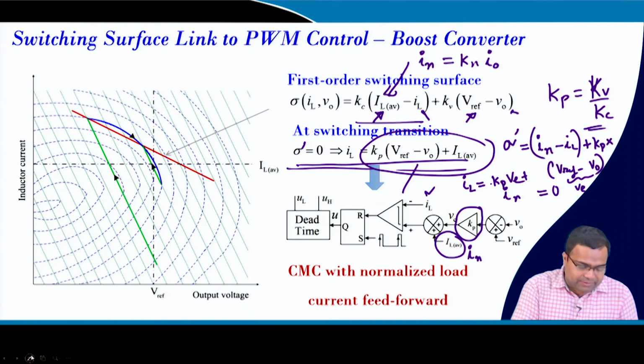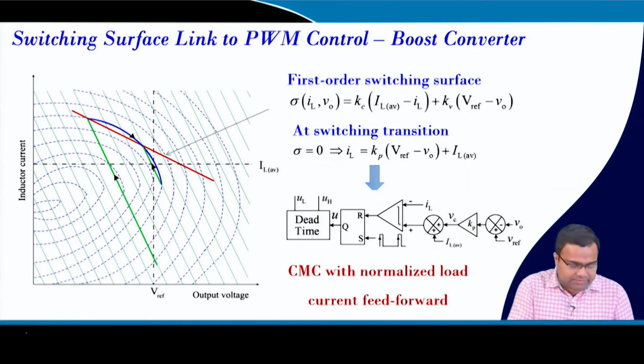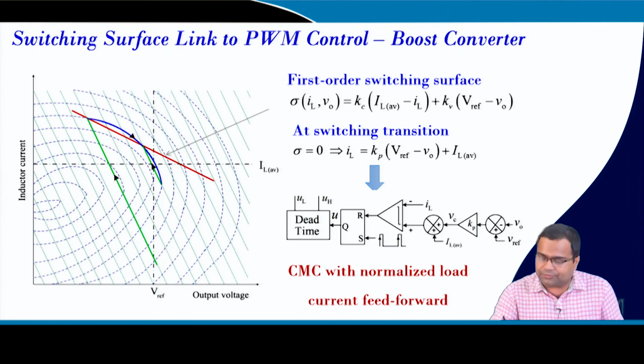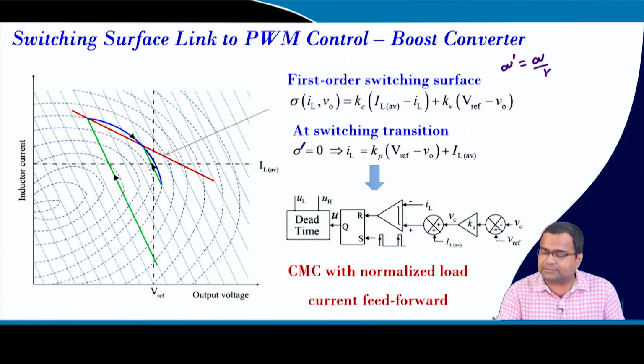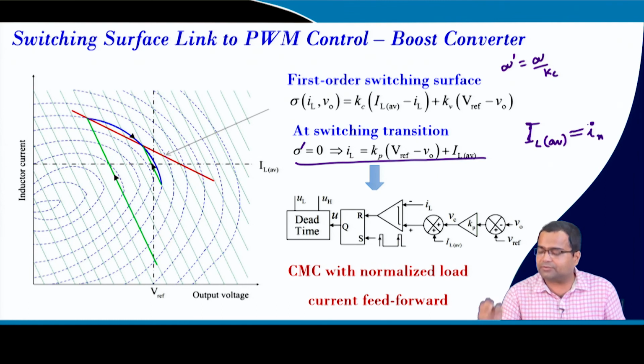So, if I write down again, if you try to visualize, there are too many texts. First, sigma dash is nothing but sigma by Kc. Then we will get this equation, and we know that IL average, that capital, you can think of it as my normalized load current.